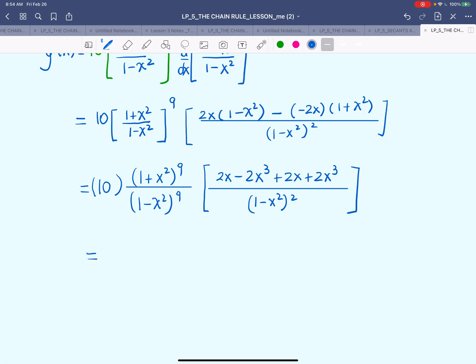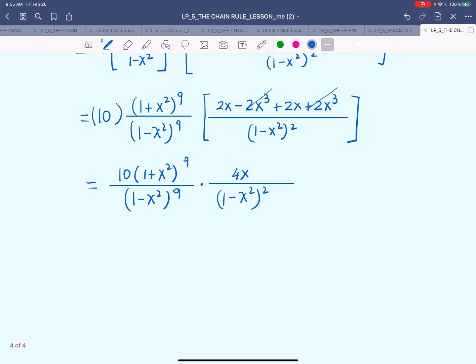So we have a fraction. So this is 10. 1 plus x squared to the power of 9. 1 minus x squared to the power of 9. Multiplying 1 minus x squared to the power of 2. And numerator will be 4x.